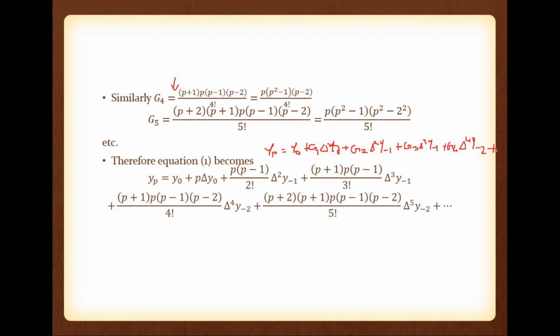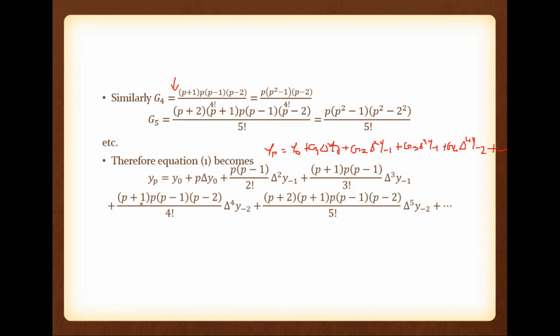This is our equation. So this equation will become Yp is equal to y0 plus, what is g1? G1 is P into delta y0 plus, what is g2? P into P minus 1 divided by 2 factorial into delta square y minus 1 plus, what is g3? P plus 1 into P minus 1 divided by 3 factorial into delta cube y minus 1 plus, what is g4?